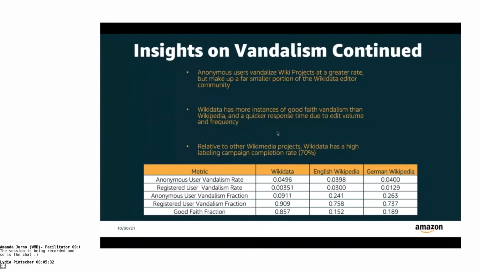You can also see some of our notes. One thing that I actually didn't include in this page was the bot vandalism rate, and that's mainly because a lot of the vandalism rates for bots specifically are good faith edits, and that's something that requires a little bit of a different data set to dig into. You can also just tell from the data in general that anonymous users do vandalize at a far greater rate.